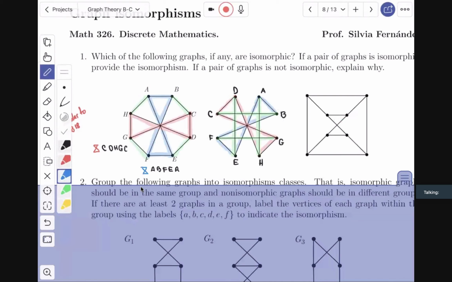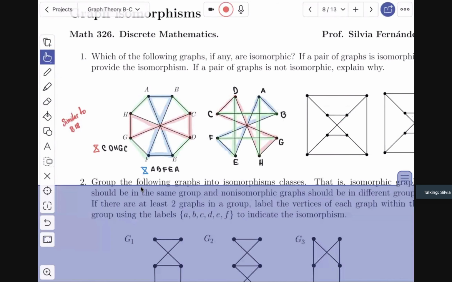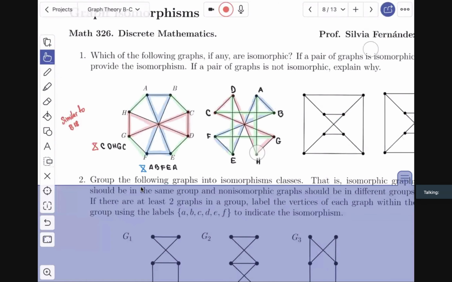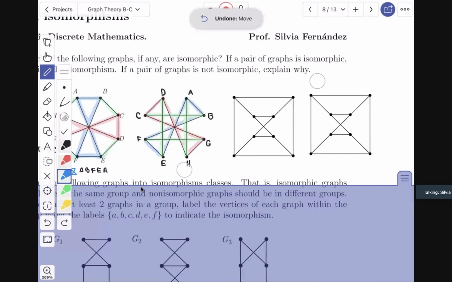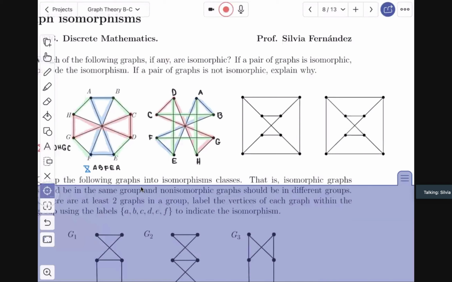Now let me copy paste this one just to show you what I'm talking about. We're trying to find the isomorphism, and we highlighted things in this one so that whatever happens here needs to happen in the other one. So now I'm looking for two C4s.